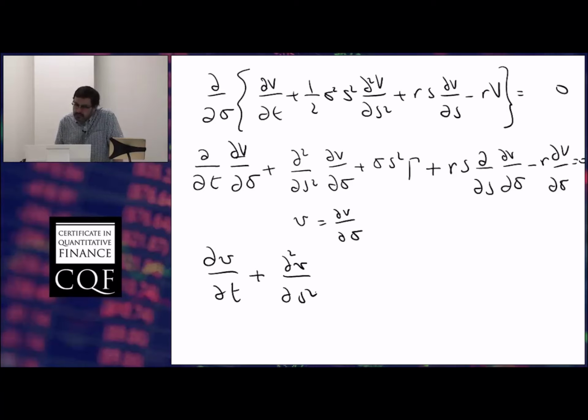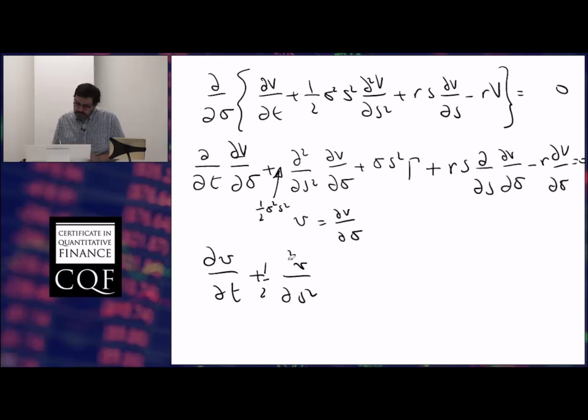I'm going to take the other term on the other side. Did we forget a half sigma squared S squared? That times the derivative of that plus that times the derivative of that. So we need a half sigma squared S squared here, don't we? Agreed? A half, we forgot about that in the excitement.